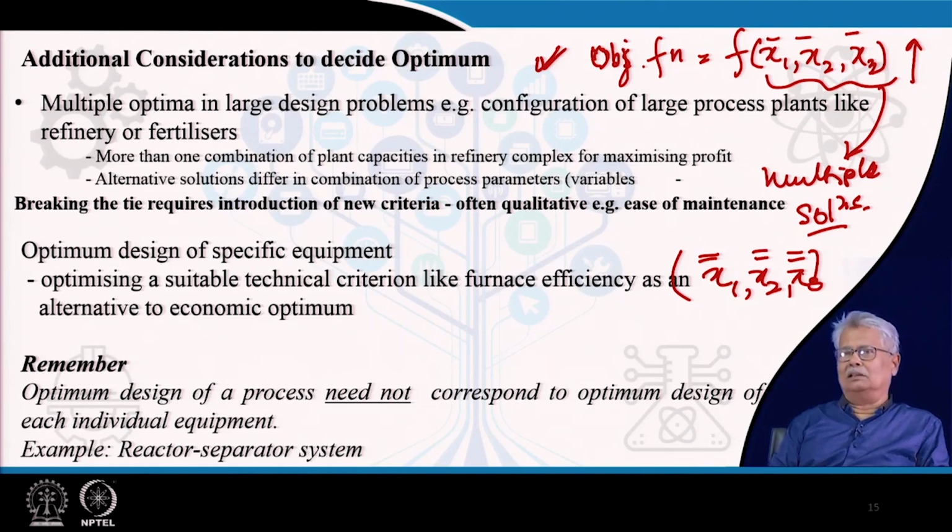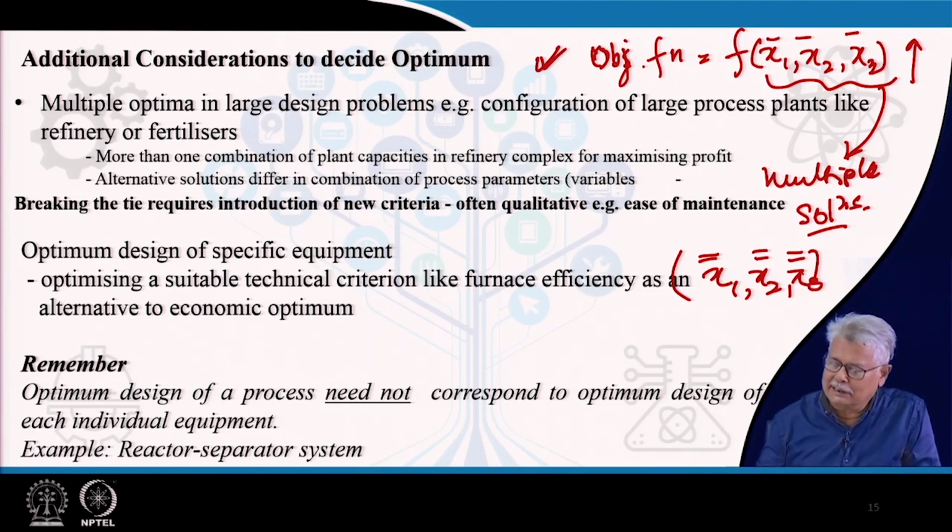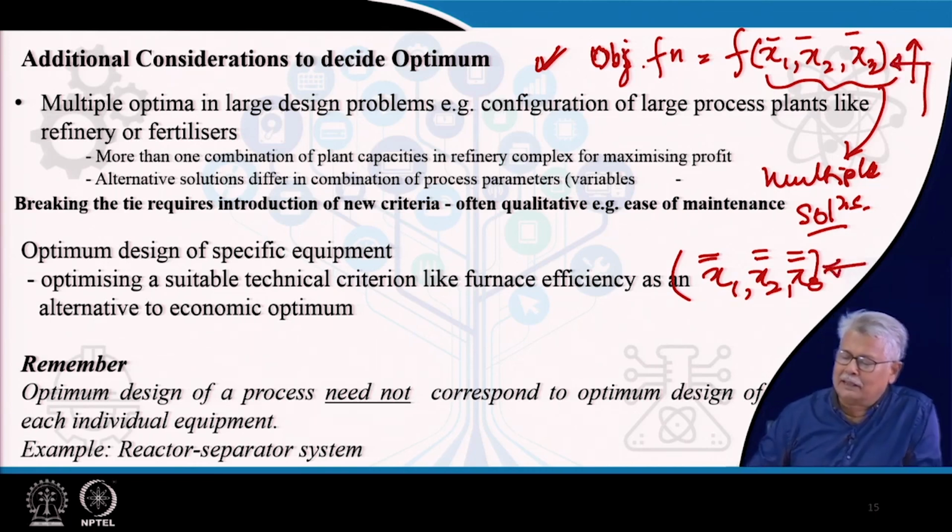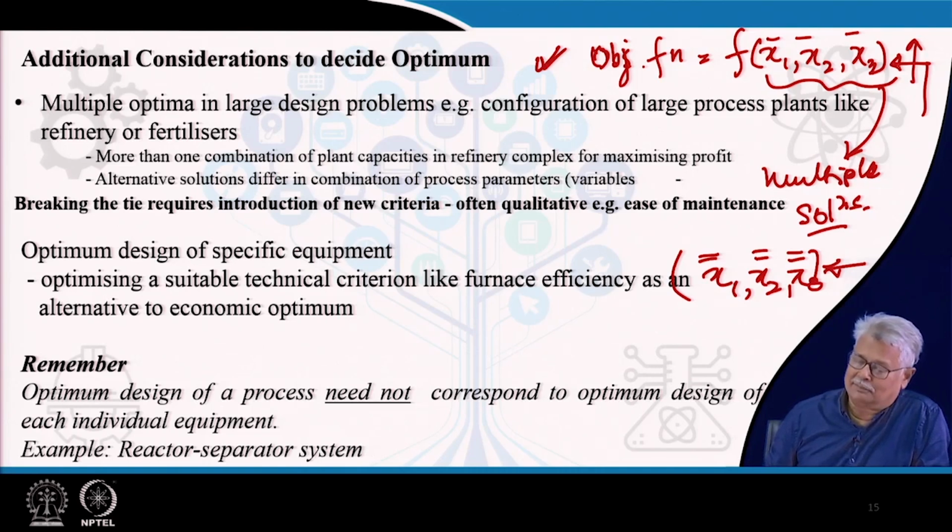One option will be, if I have noted these solutions, and if I bring in a new criteria. What could be the new criteria in case of a refinery? It could be the pollution level, the pollution it's going to create. It's going to give us the same profitability whether we have the combination of bar or the double bar.